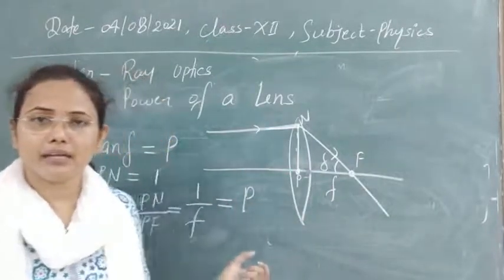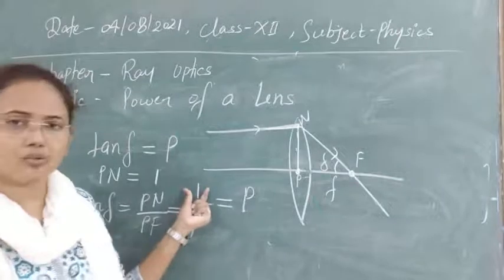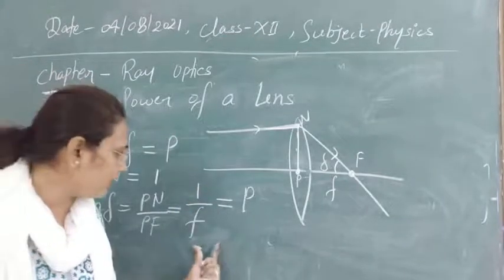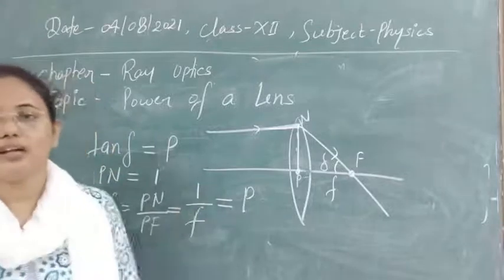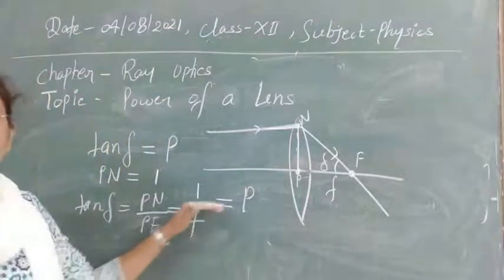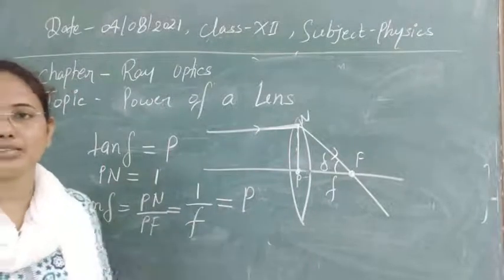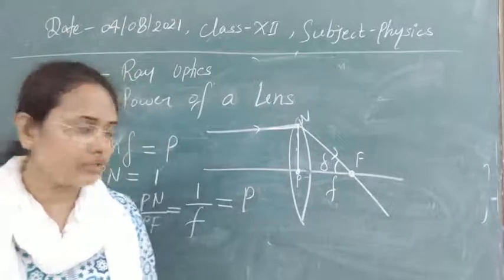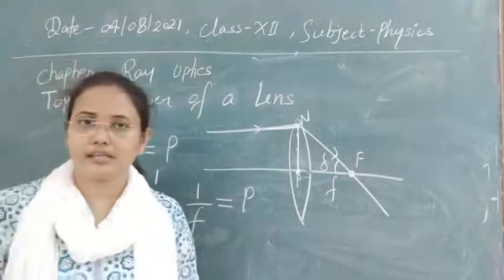In centimeters, it will be 100 upon f, so that is 100 upon f centimeter or 1 by f meters. So this is the reciprocal of focal length.